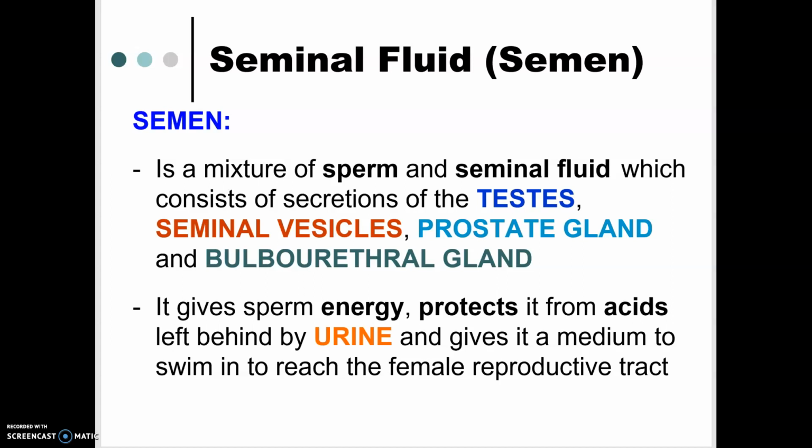So all of those accessory structures and secretions are going to give the sperm energy. It's going to protect it from acids left behind from the urine, and it's going to increase their chances of viability and success when it reaches the female reproductive tract.